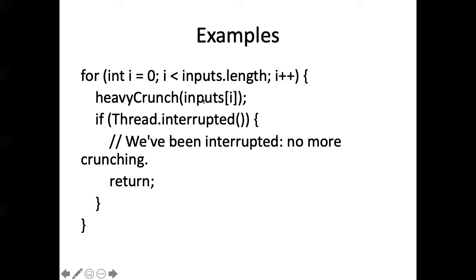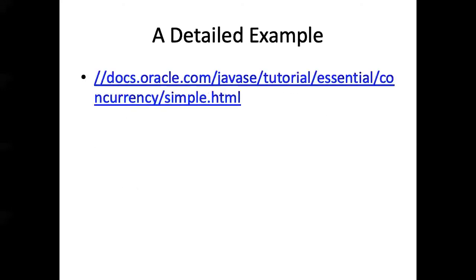So after each element of the input has been processed, I check my thread.interrupted status to see whether I've been interrupted. And if so, I return. If not, I keep going. Okay, so we can look at a more detailed example.